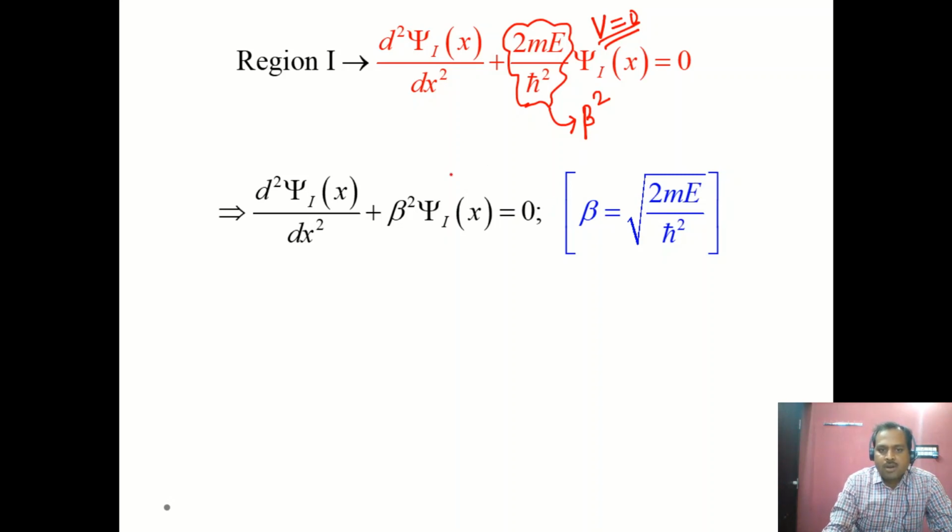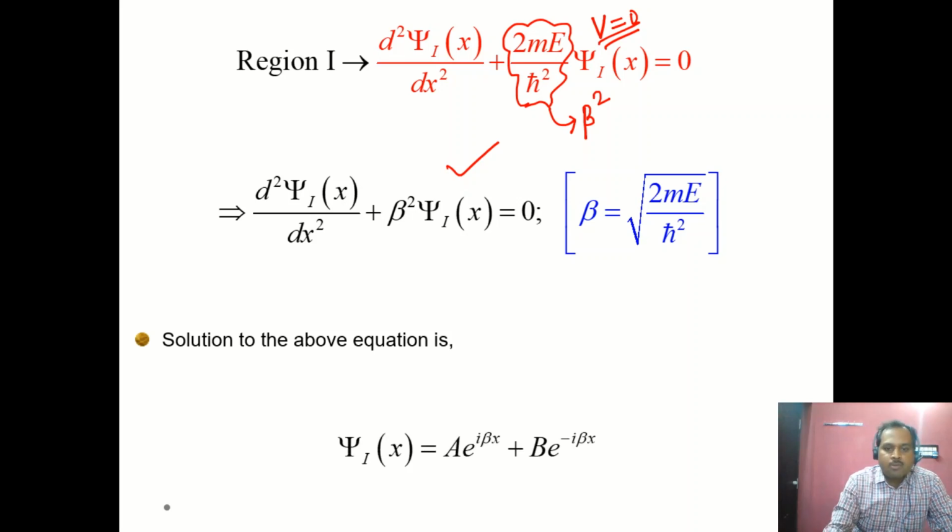We are well acquainted with this kind of solution because we know the plane wave solution for a free particle. We have already seen this kind of solution in the free electron theory. So psi 1 of x can be written with the help of two unknown coefficients a and b, that is a into e to the power i beta x plus b into e to the power minus i beta x.